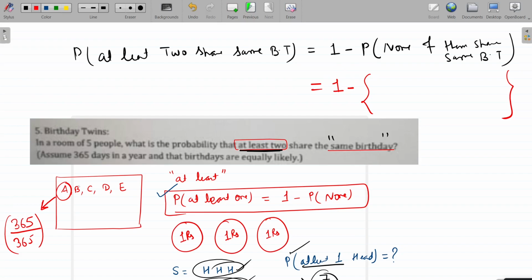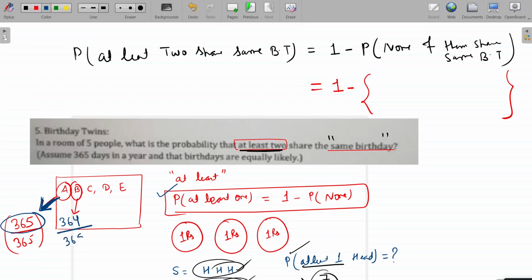But for B, out of these 365 days, one day will be consumed by A, so that will not be allowed for B. For A, all the 365 days are open. But for B, I have only 364 days.